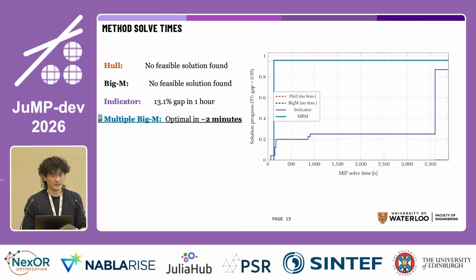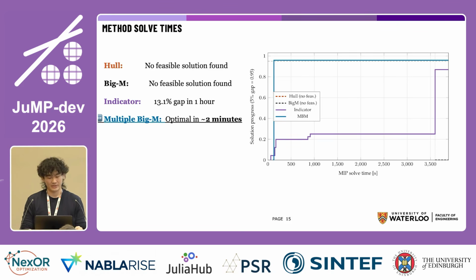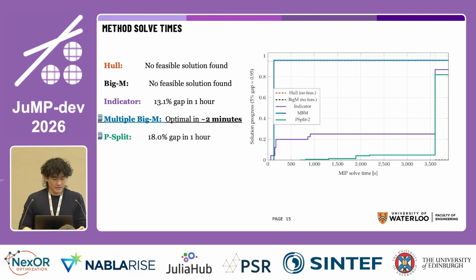Then multiple big M, one of the newer methods we implemented for infinite-dimensional problems, solves it within 2 minutes, and we set a 5% optimality gap there. P-split is pretty close, giving you 18% within the hour. Cutting planes was an inappropriate technique because the problem is non-convex. But it's really easy to switch out these methods. You just run it, and if it times out, you go to the next method.